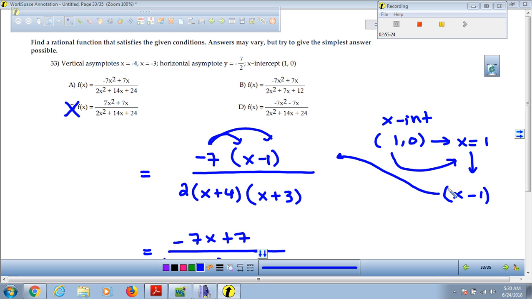Oh, and you may be asking yourself right now, where is this exponent 2 coming from?